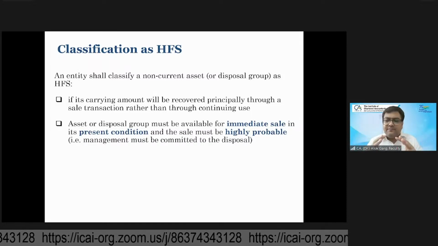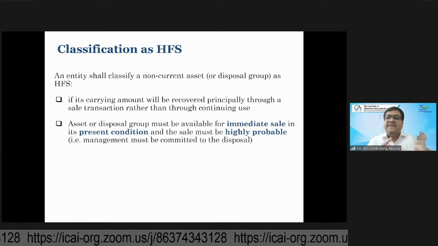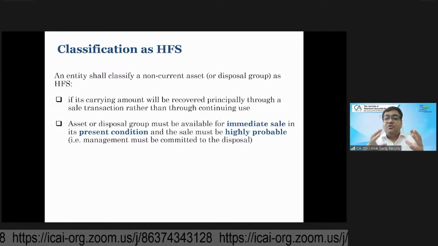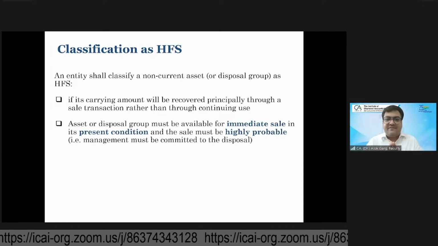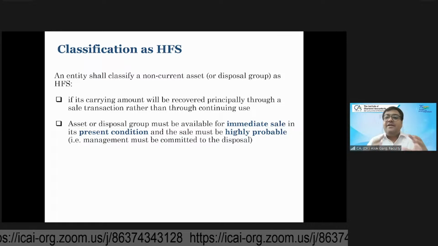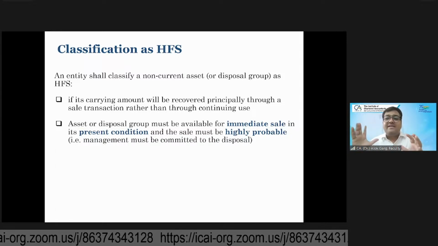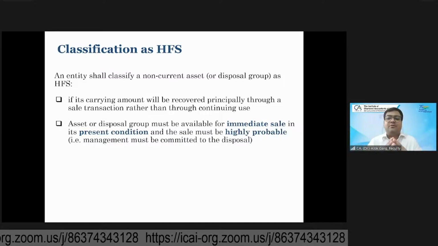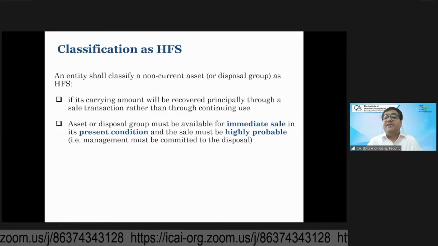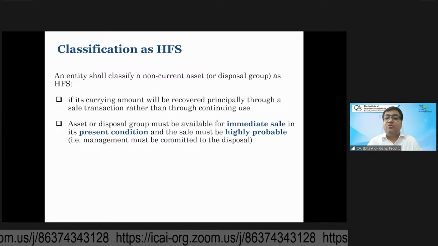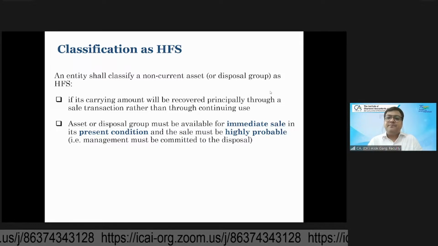So for this NCA HFS or DGHFS, the intent of the company for the individual asset or group of assets is not to use the asset, rather to sell the asset. Okay. So the future economic benefit will be coming through a sale transaction, not through the continuing use.